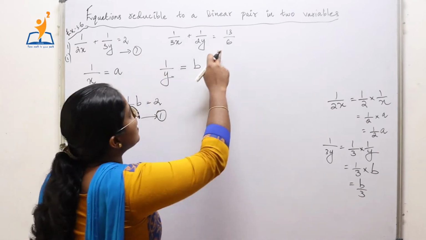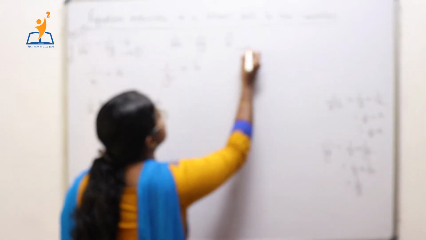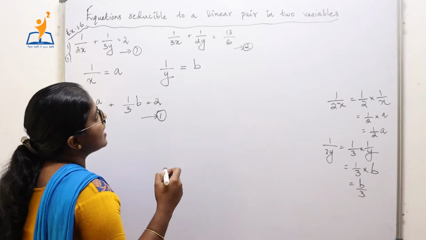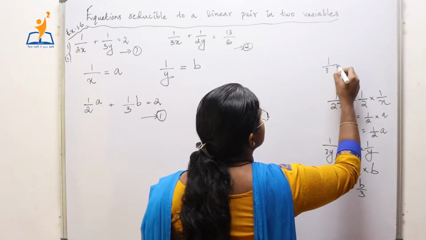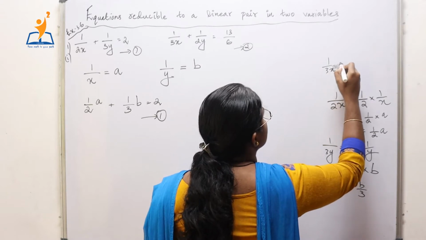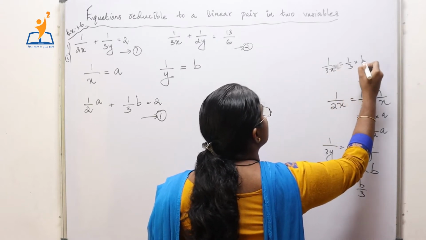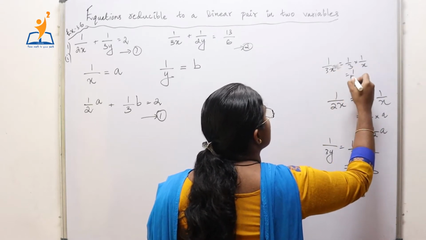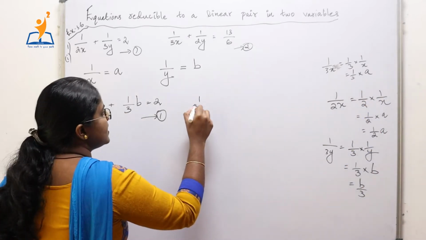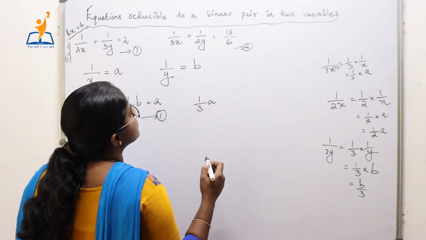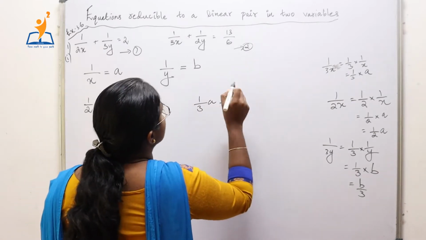Now making equation number 2 into another form, we want 1 by 3 into 1 by x. 1 by 3x is nothing but 1 by 3 into 1 by x. So 1 by 3 into 1 by x, where 1 by x is a, which means it is 1 by 3 a, plus 1 by 2y.